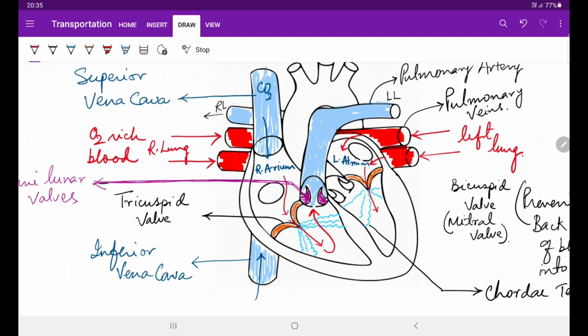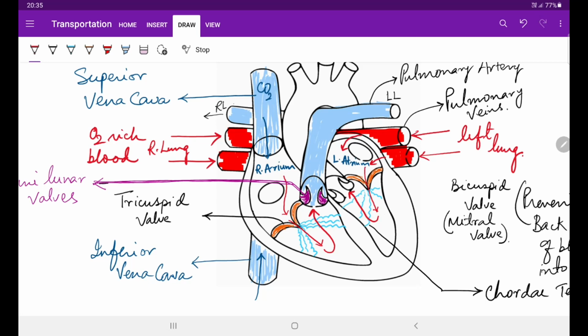So, the left atrium empties its contents into the left ventricle. Now, the left ventricle has to pump the blood out of it to different parts of the body. This oxygenated blood pumped by the left ventricle is sent to a different blood vessel. This is called the aorta.